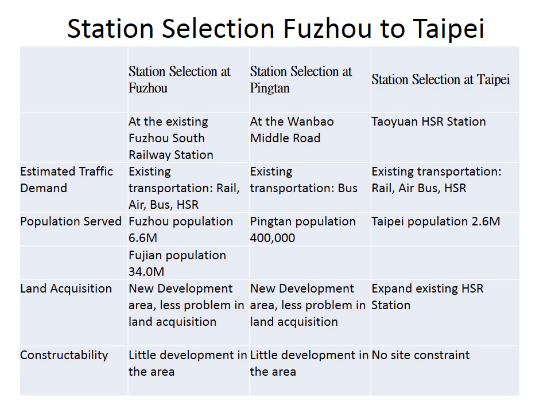In the Taipei area, this is an expansion of the existing high-speed rail station, so it is commonly used. For constructability, there is little development in the Fuzhou area, because it is a mature area. In Pingtan Island, there is little development as well. In the Taipei area, there will be no site constraint.